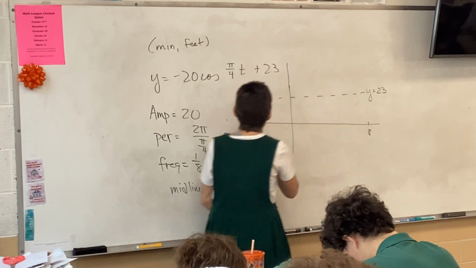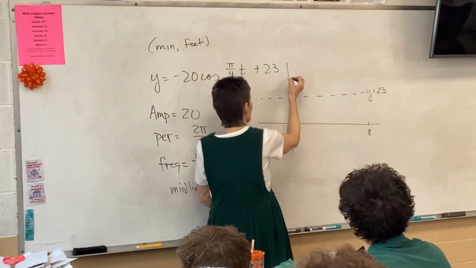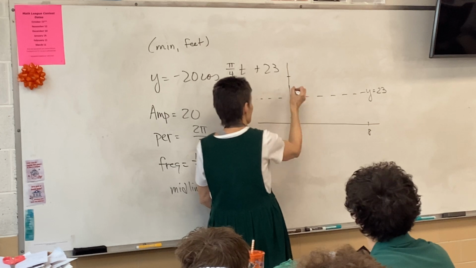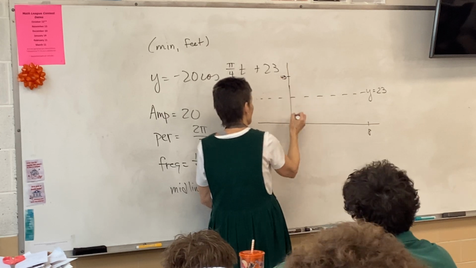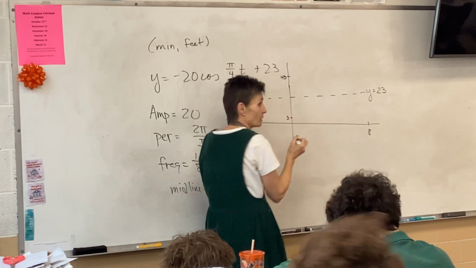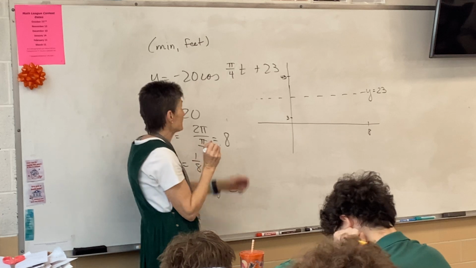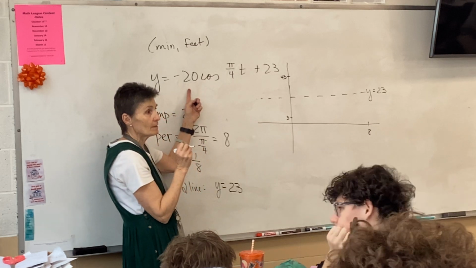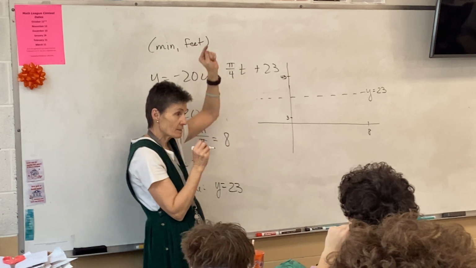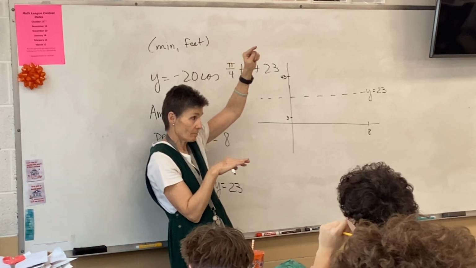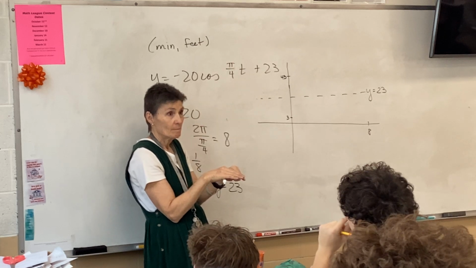So this is a cosine with an amplitude of 20. So it's going to go up to 43 and down to 3. Right? It's a negative cosine. Remember, cosines start at the max or the min. A negative starts at the min.